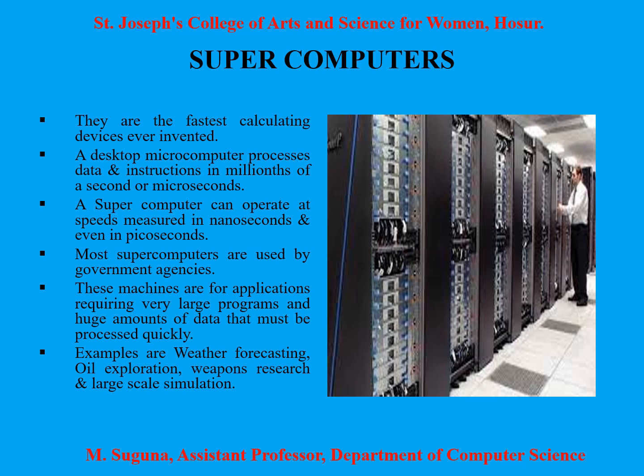Most supercomputers are used by government agencies. These machines are for applications requiring very large programs and huge amounts of data that must be processed quickly. Examples where supercomputers can be used are weather forecasting, oil exploration, weapons research, and large-scale simulation.